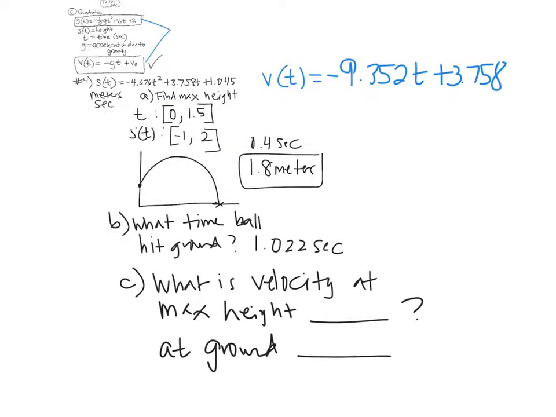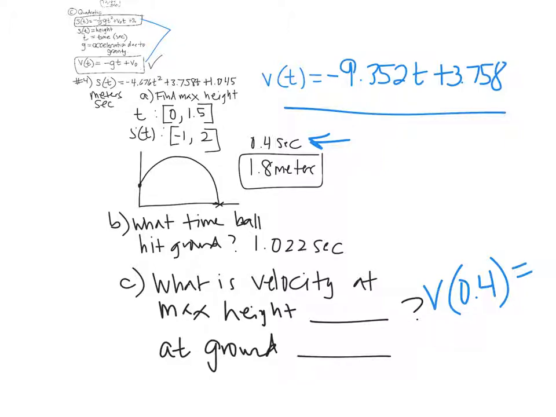Okay, so what is the velocity at the max height? Well, now I have the velocity equation. I can plug in any number for t that I need. So at the max height, what was t? T was 0.4 seconds. It's right there. So I want to do v of 0.4.